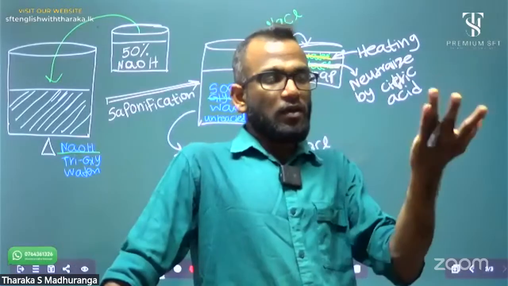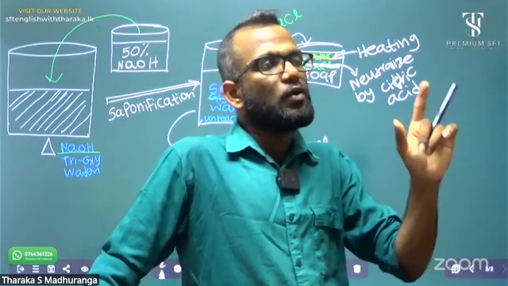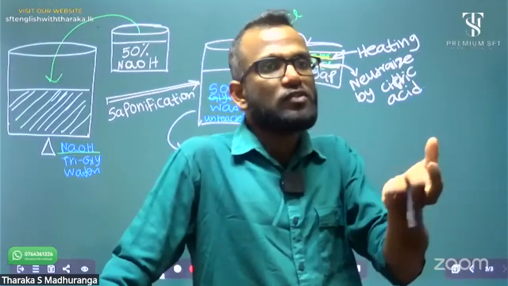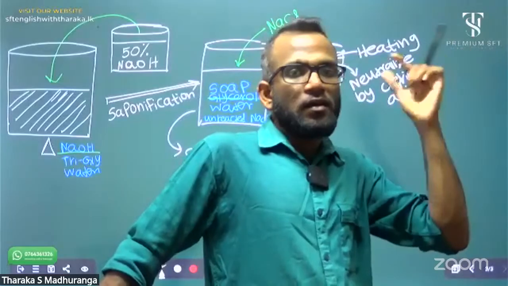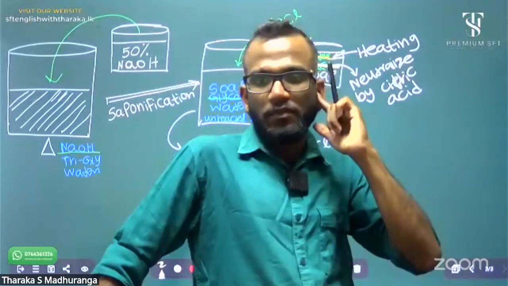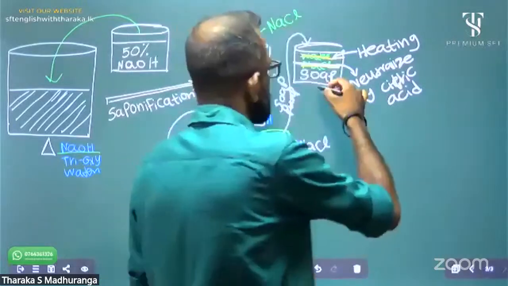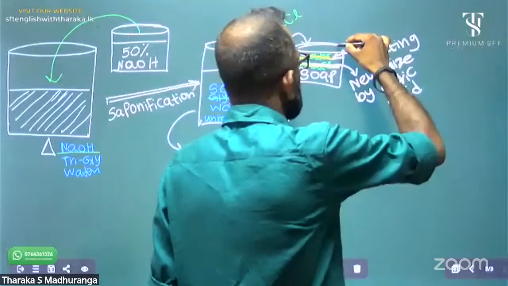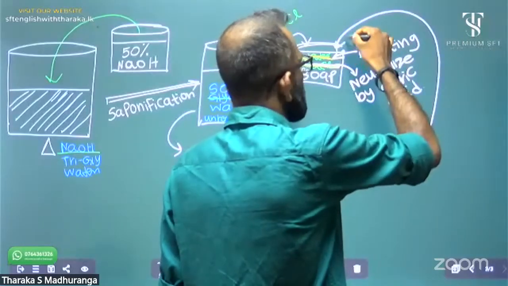Otherwise, if we make only pure soap, one soap cube would cost more than 1,000 without filling materials. So in the next step, we have to add filling material.